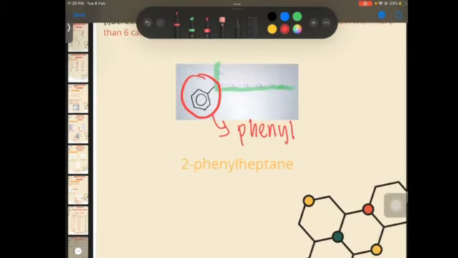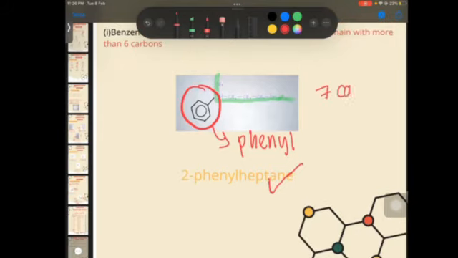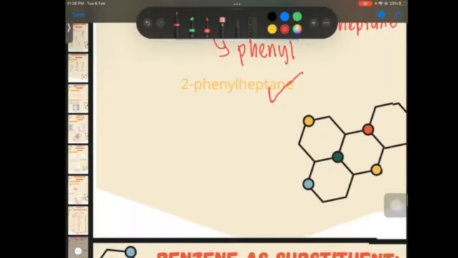Jadi, it will be 2-phenylheptane. Because 7 carbons is heptane.